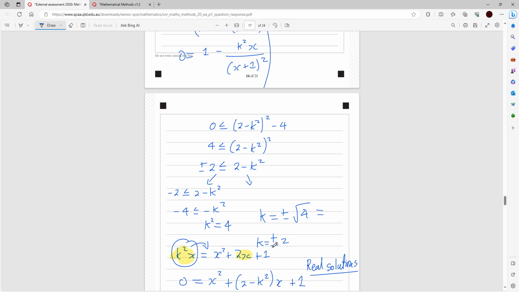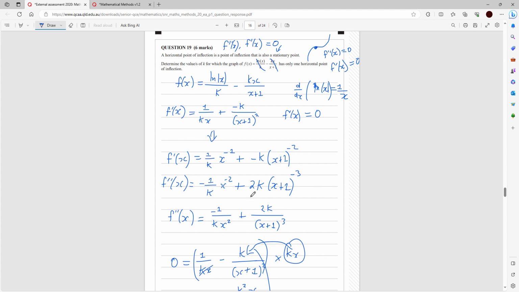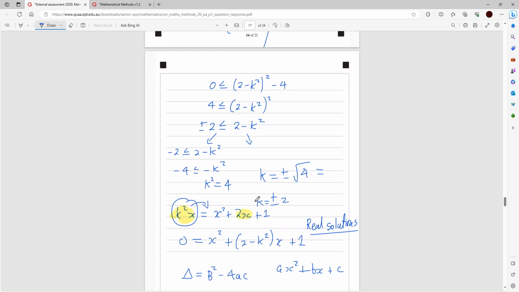Now, you're probably thinking, where did the inequality sign go? Well, they specified the values of k for which the graph has only one horizontal point of inflection. So the reason why the inequality sign is gone is because our solutions are both a positive and a negative number, so it eventually cancels out.